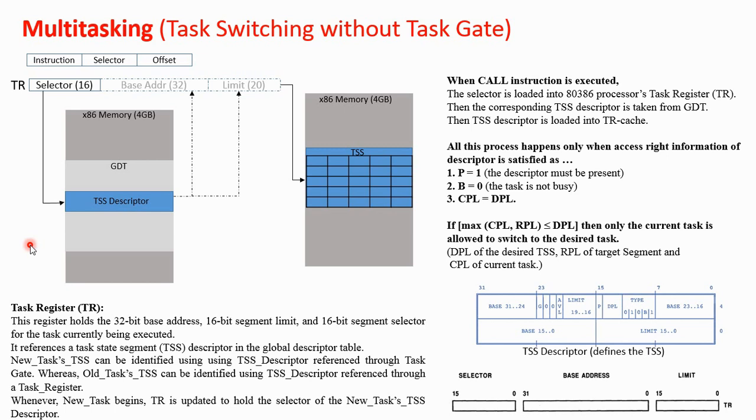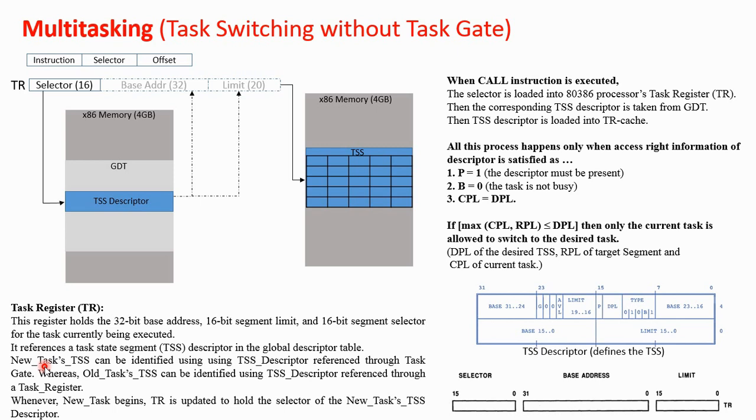The new TSS can be identified using a TSS descriptor, which is referenced through the task gate. But there is a problem: the 80386 is not aware of which TSS to save the old state in, and hence the task register is needed to save the old state in the TSS.